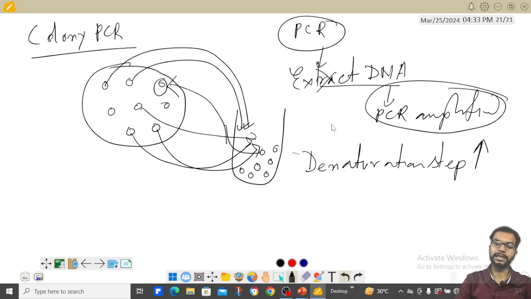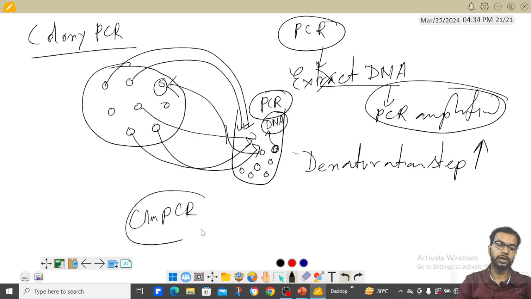By increasing the timing of the denaturation step, the DNA from these bacterial isolates comes out, and then PCR runs. This is known as colony PCR. We directly transfer the colony to the PCR tube, then we increase the denaturation step to release the DNA, and then the DNA is PCR amplified.